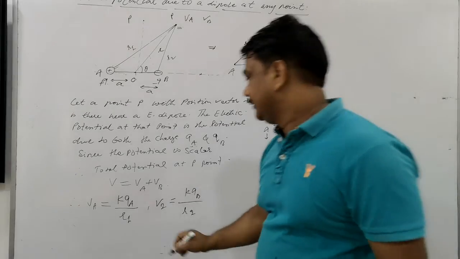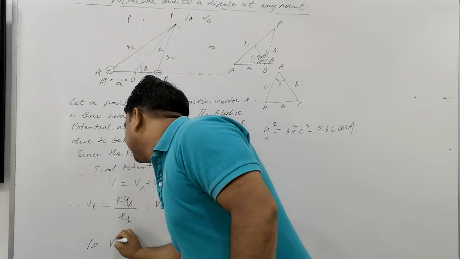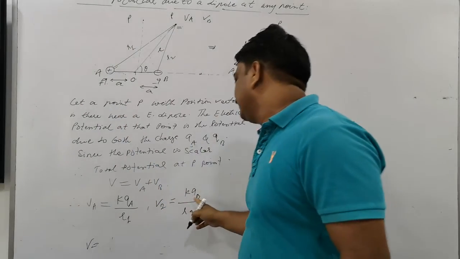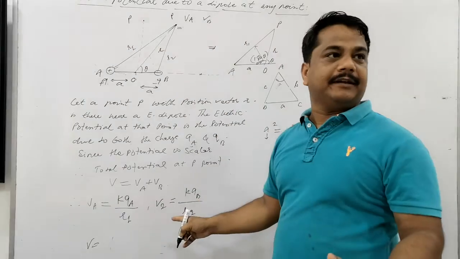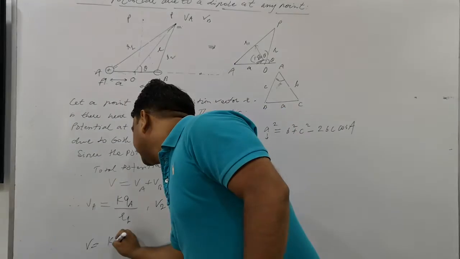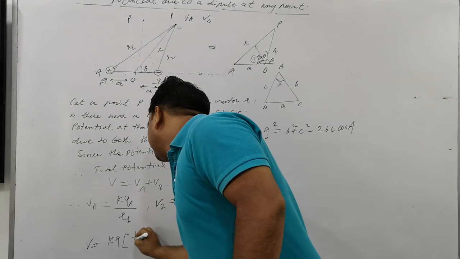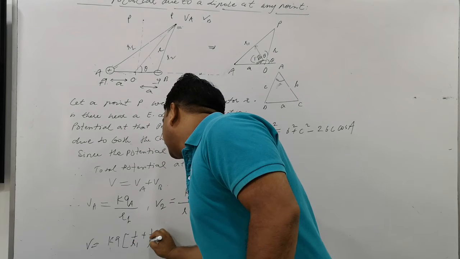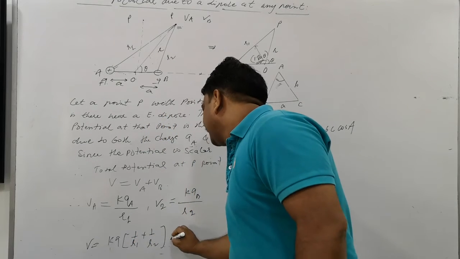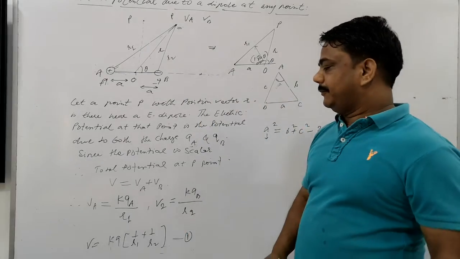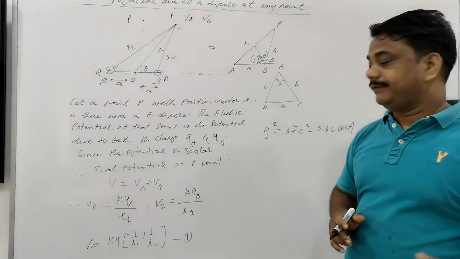So what is that? Here total potential V is equal to K QA. Since QA and QB are the same here, clear? So we can take here K Q, and here will be 1 by R1 plus 1 by R2. Is that clear? This is the equation. Means by putting the value of R1 and R2 we can find out the potential.